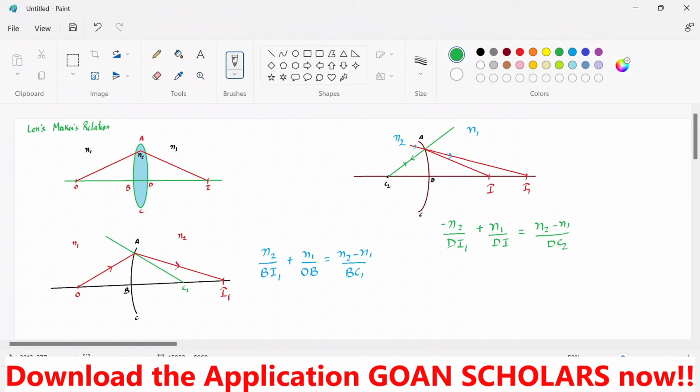Now these are the equations for these two surfaces. What we will do is add them. Let me write equation 1 and this is my equation 2.